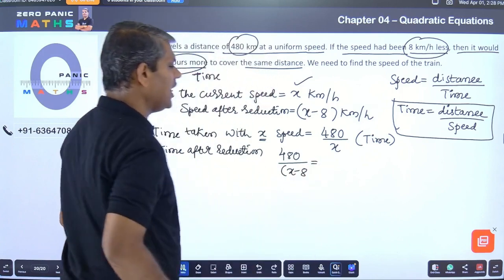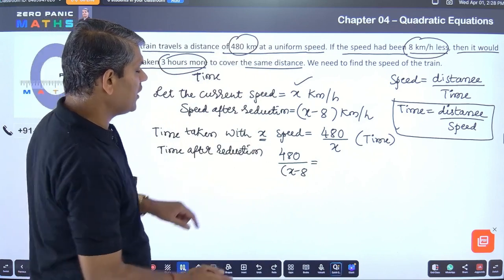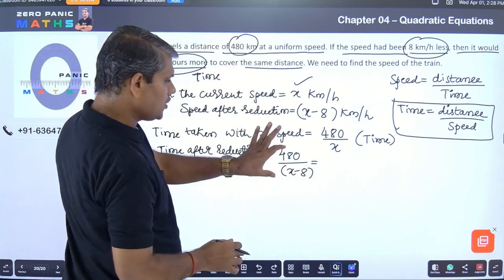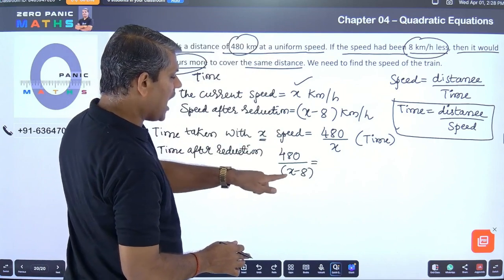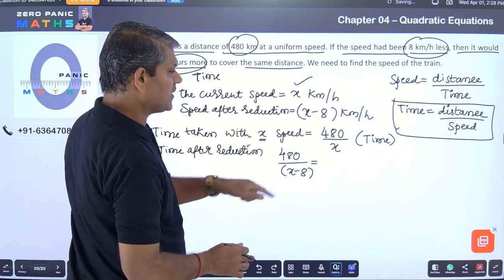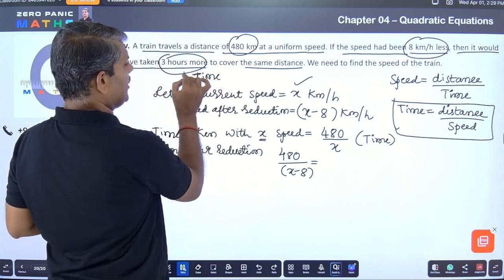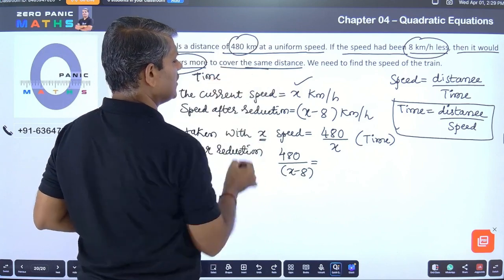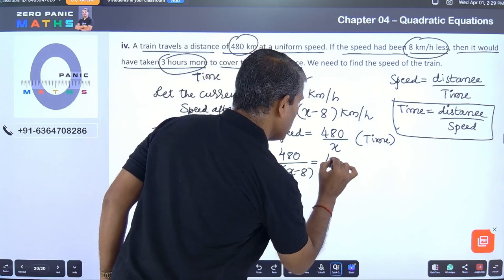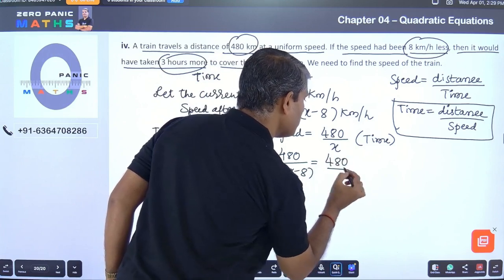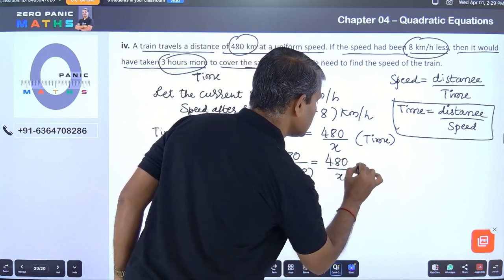And what additional information are they giving? This time after reducing the speed to x minus 8 will be 3 hours more to cover the same distance. So it will be 480 by x, the time previously taken, plus 3 hours.